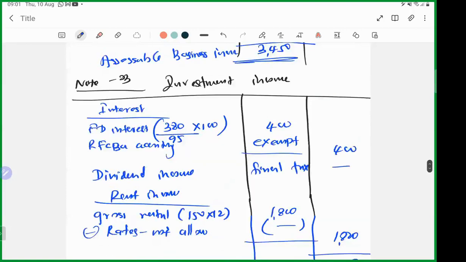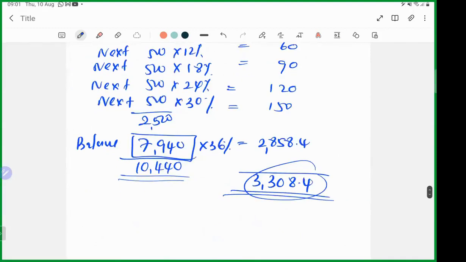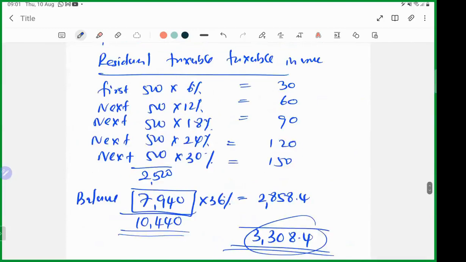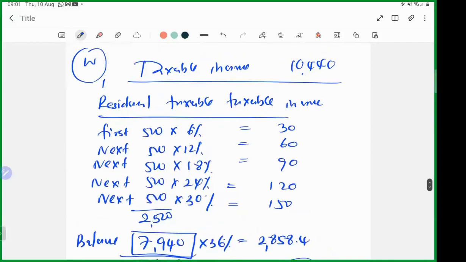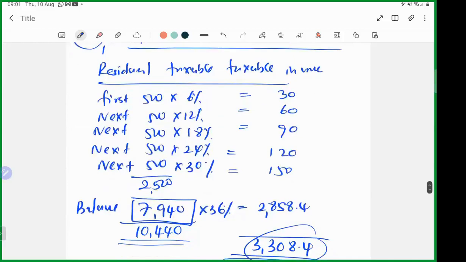So then you can see your gross tax liability will be 3,308,400.